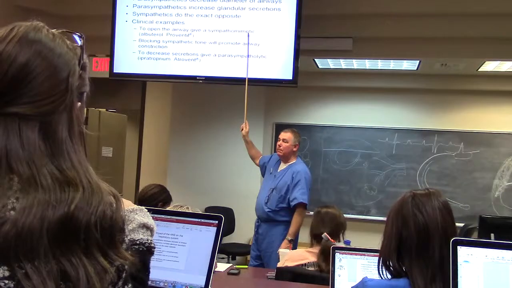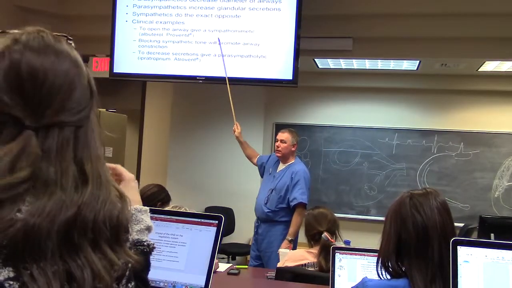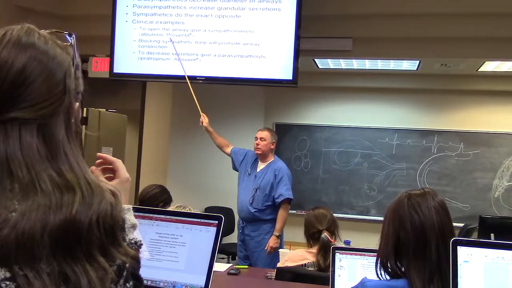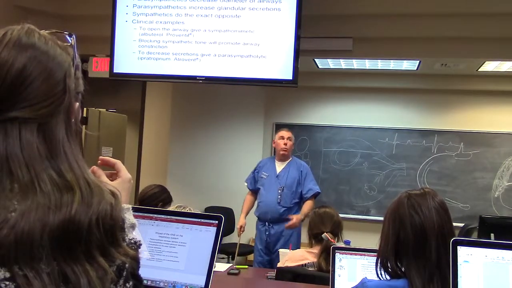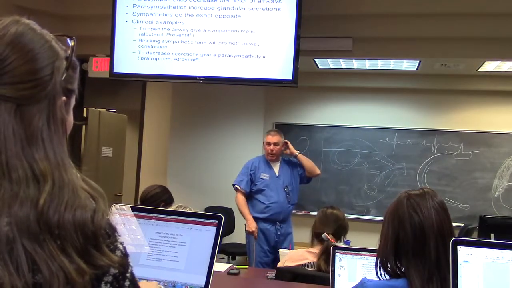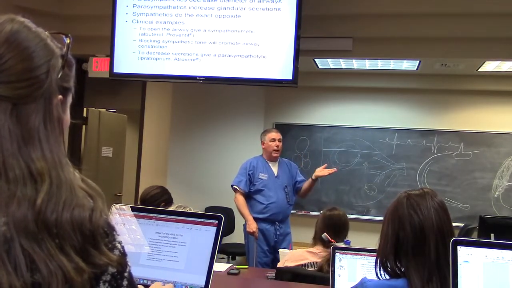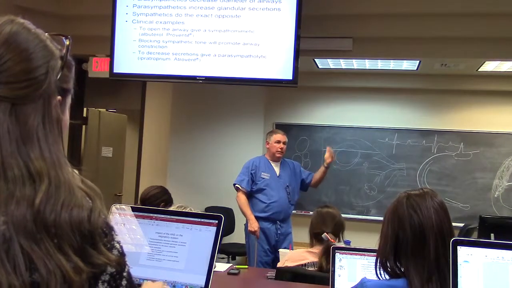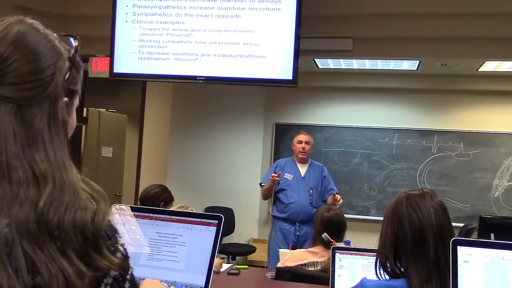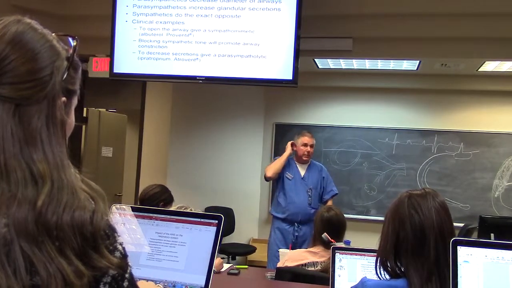We want to mimic the sympathetics. That will dilate the airways and decrease secretions. Albuterol, Proventil, Ventolin, there are a whole bunch of different brand names. That's what it does. It's a sympathomimetic. Also makes you jittery. Yeah, it makes you jittery because it's stimulating the sympathetics.